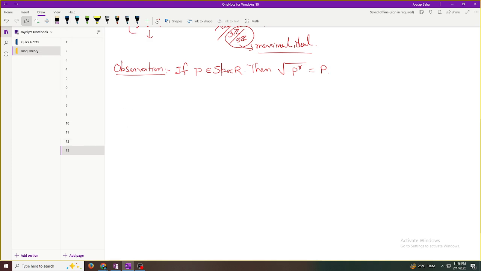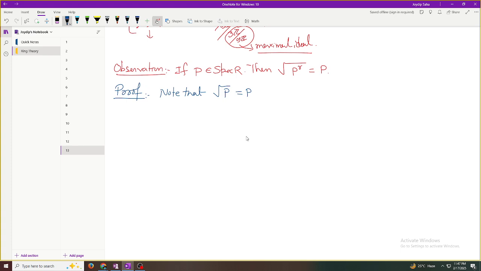Proof. Note that root P equals P. What is this?